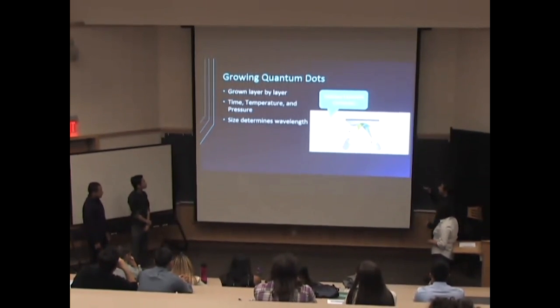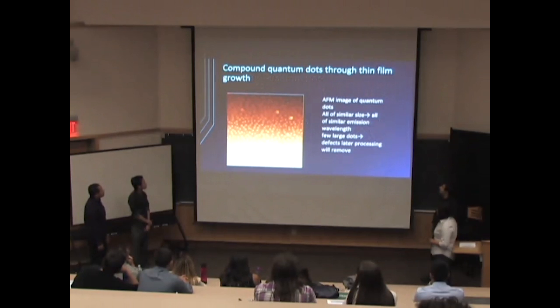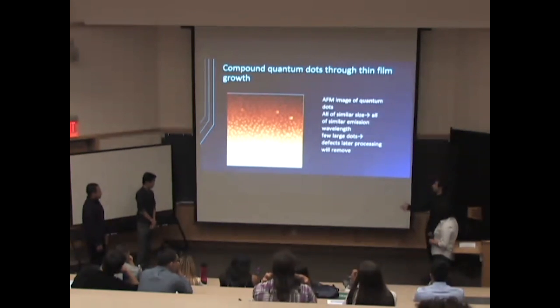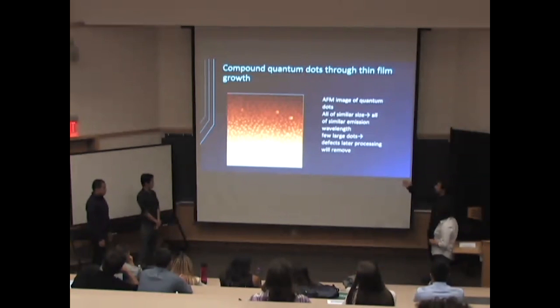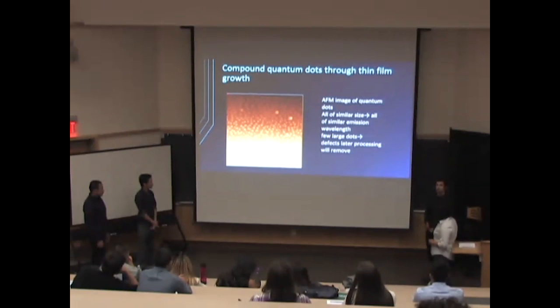Then after we do this, we also use atomic force microscopy, which is AFM. We put force on top of the chip and measure how much force is being pushed back, and that can be translated to give us the different heights within the chip, to make sure that the trenches are uniform in height.